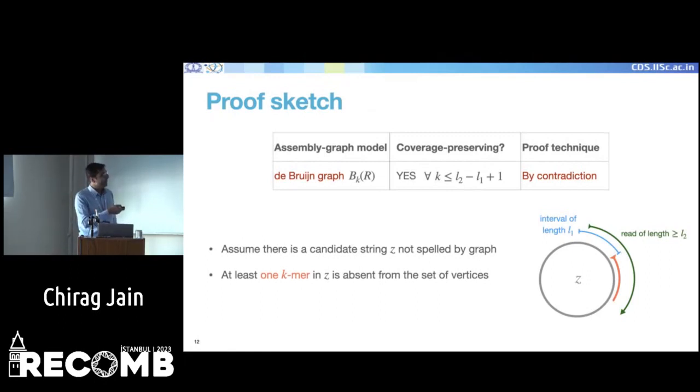Now with the assumptions made that the candidate string must be covered by the reads, so there must be an interval of length L1 which has a read of length L2 starting in that interval. Now if I identify the first k-mer in the candidate which is missing in the graph, I can prove by contradiction that that cannot happen because this read must have that k-mer in it. So for de Bruijn graph, it is guaranteed to be coverage preserving.